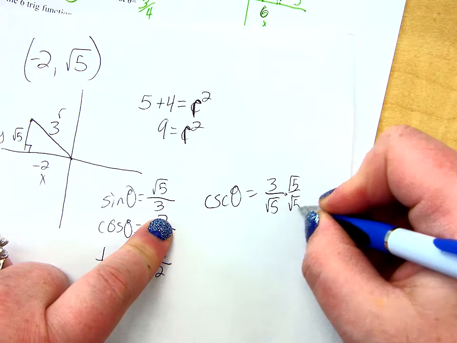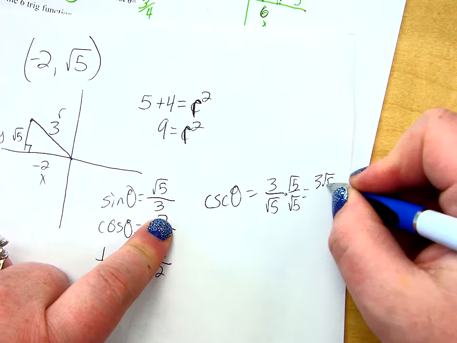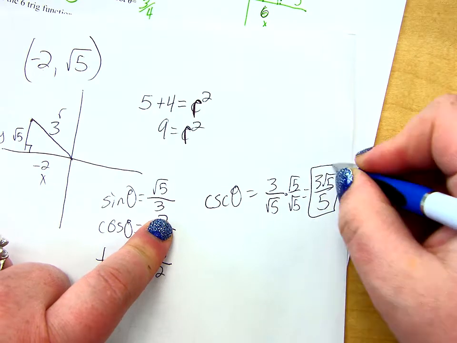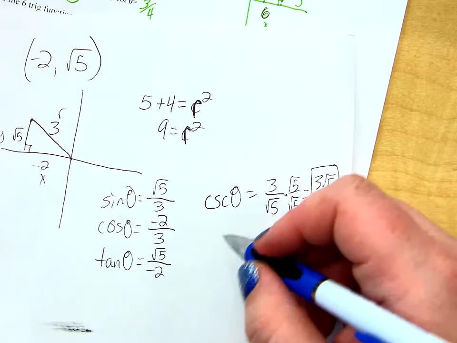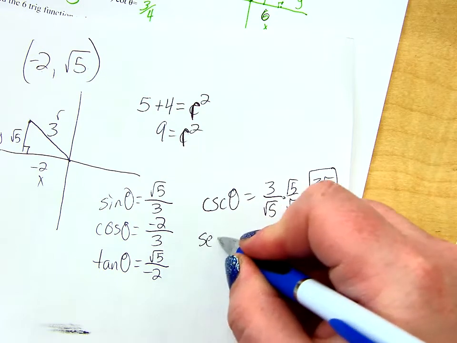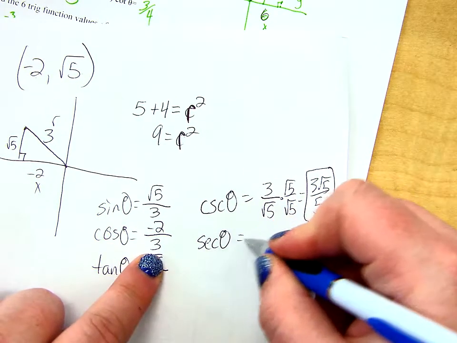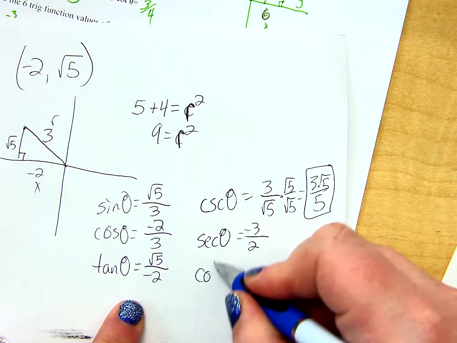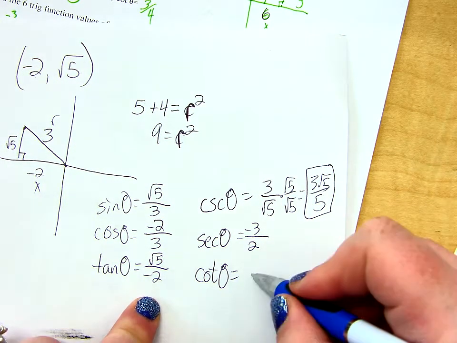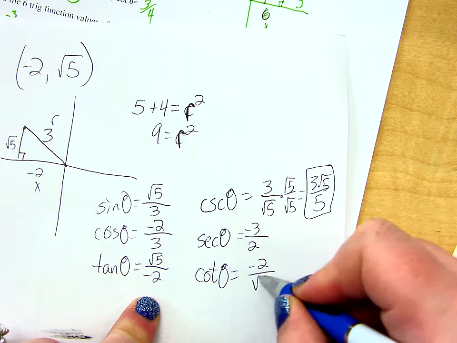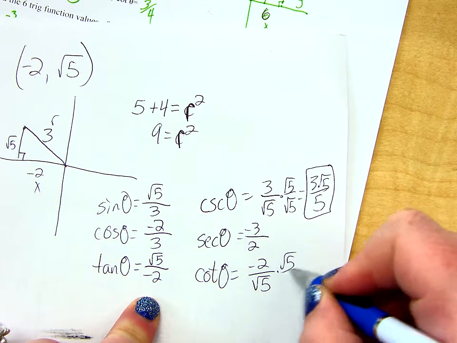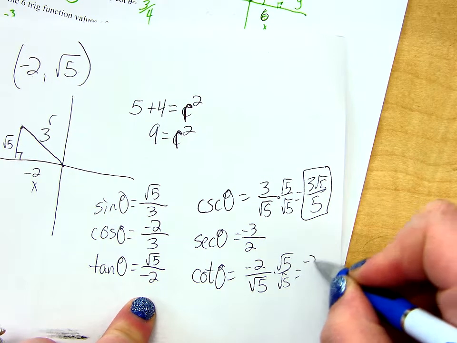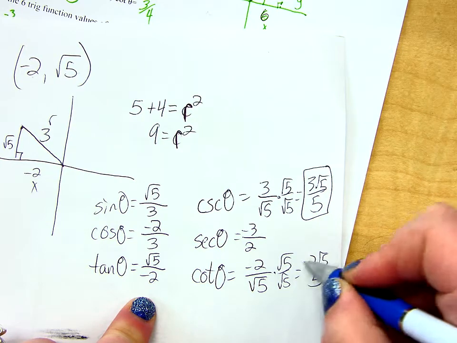Right, root 5 over root 5, so I get 3 root 5 over 5. Secant, flip that one over, that should be easy enough, -3/2. And cotangent, flip that one over, -2 over root 5, and then we just fix it. And we're done.